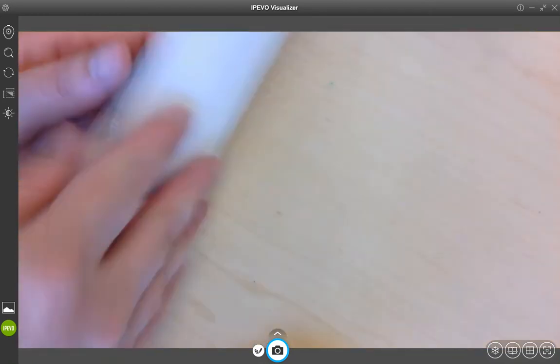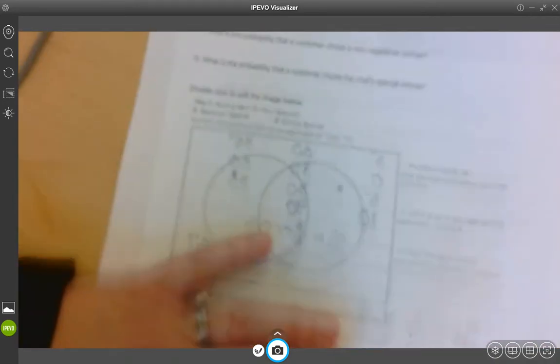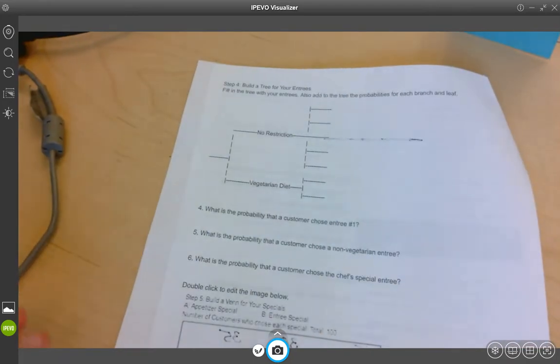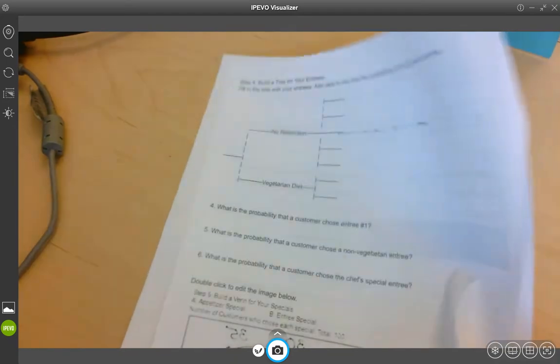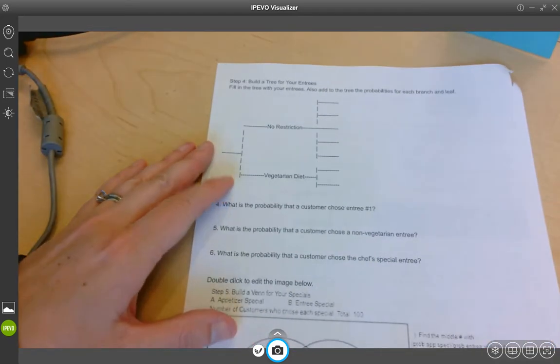All right. On the tree diagram, first we have all of our people split between no restriction and vegetarian diet.